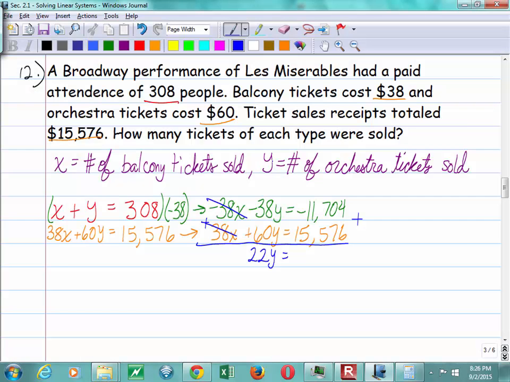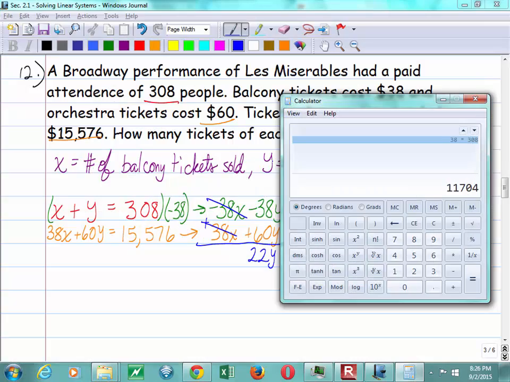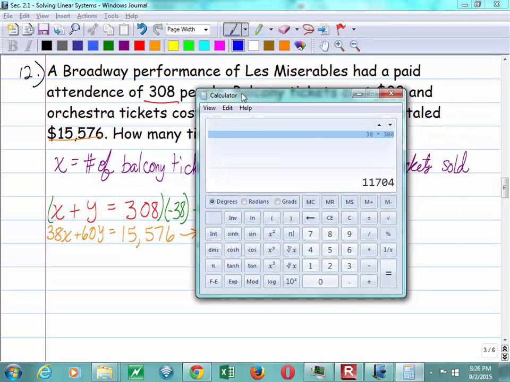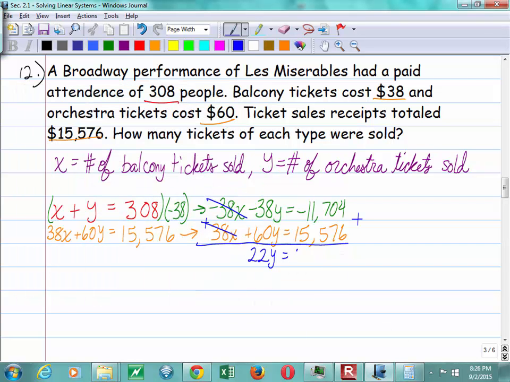Okay. What happened to my calculator? Where'd it go? Okay, calculator. So I'm doing 15,576 minus 11,704 equals 3,872.